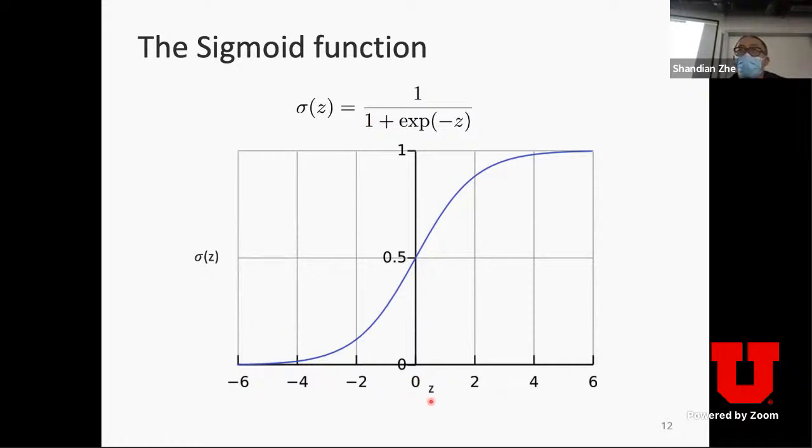So this is a monotonic function, obviously, and this can also be shown algebraically by taking the derivative. We have shown how to take the derivative of that. It's simply sigmoid z times 1 minus sigmoid z.